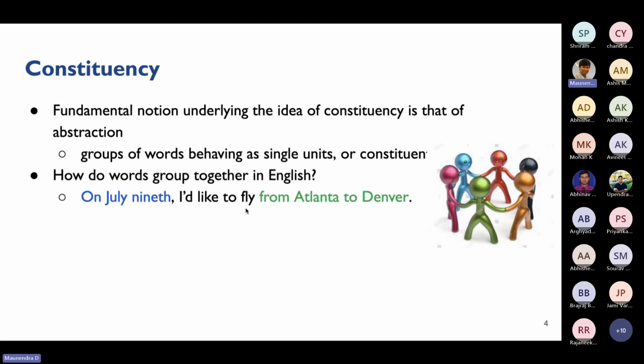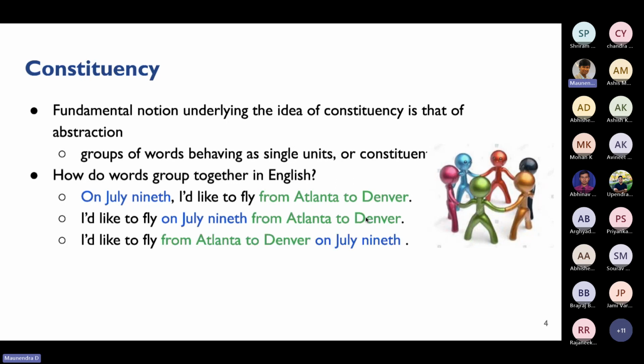For example, if you look at this sentence, "On July 9th, I'd like to fly from Atlanta to Denver." On July 9th is a specific piece of information which is being provided, and this can be a phrase, an entire constituent. Similarly, from Atlanta to Denver, this entire piece is again giving some meaningful unit. And the same information can be said in many different ways.